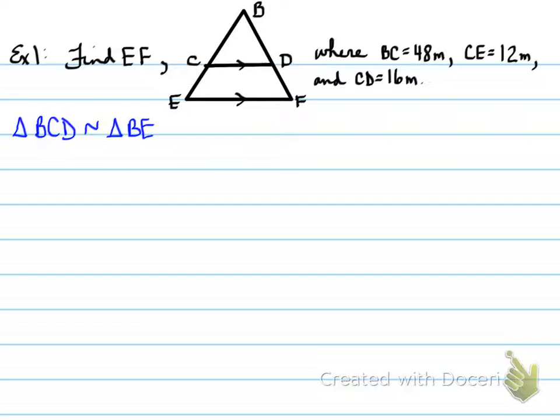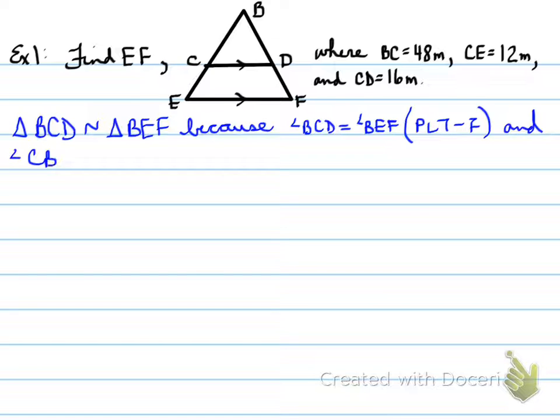Well, before we can do anything, we have to prove that the two triangles are actually similar. And we can do that using a formal proof, or we can prove it by saying triangle BCD is similar to BEF because of, well, let's see, there's parallel lines here. So BCD is equal to BEF because of F pattern here. So P, parallel line theorem, F. And you could use common angle over here. CBD is equal to EBF because of common angle.